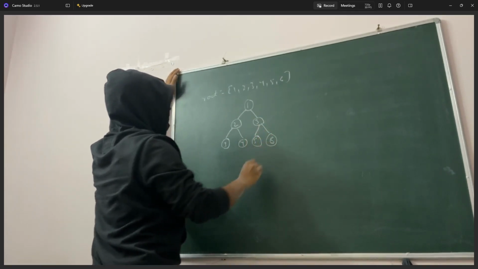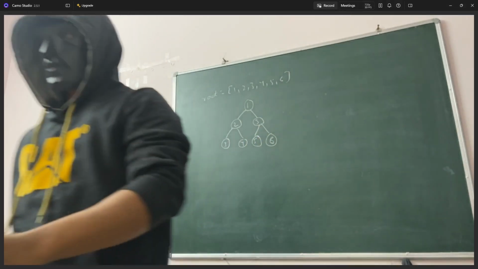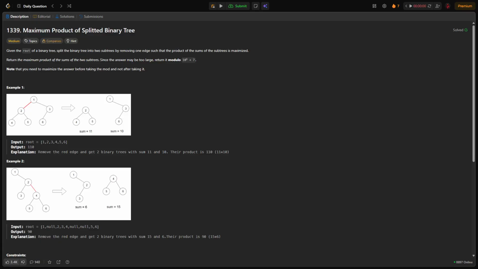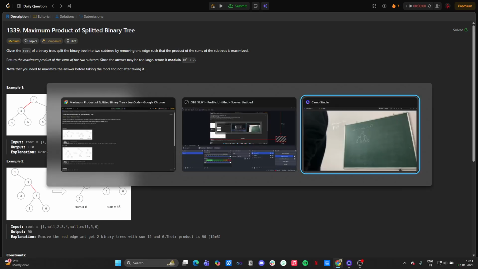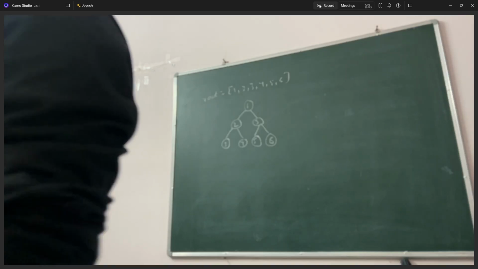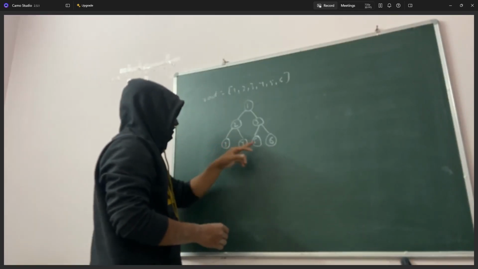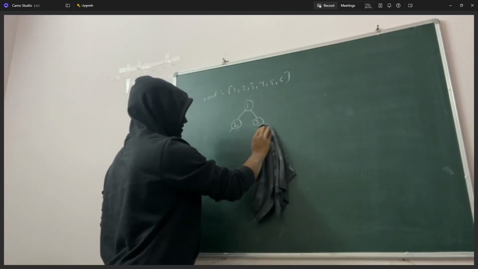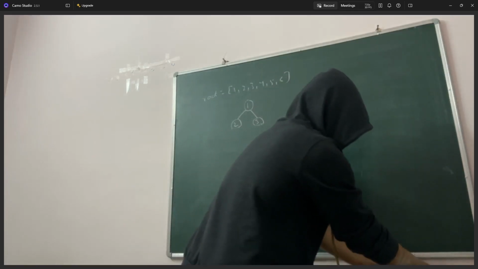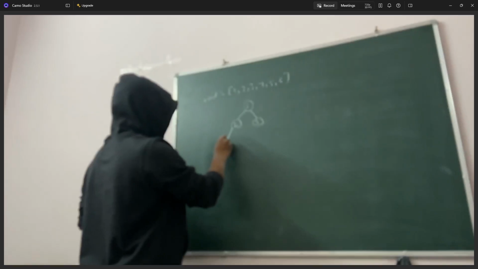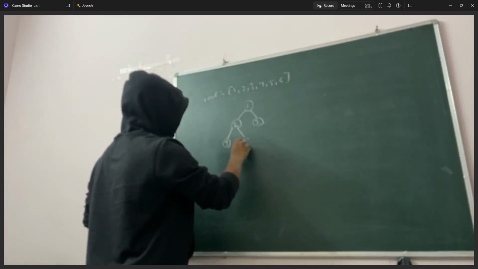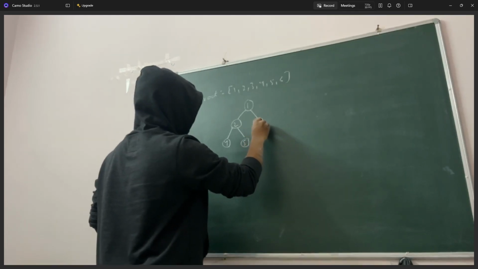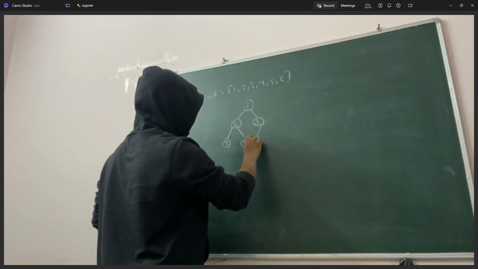Am I doing it right? Let me check. We have 1, 2, 3, 4, 5, 6. I think I've written 3 to 10, that's why I've got one extra node. So we have 4, 5, and this is 6.